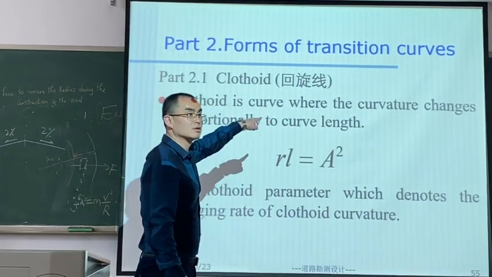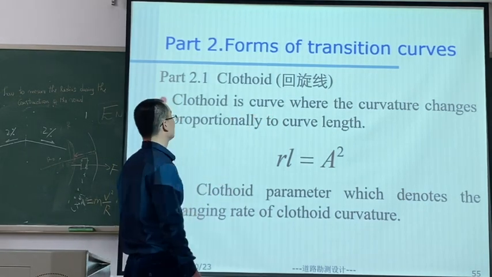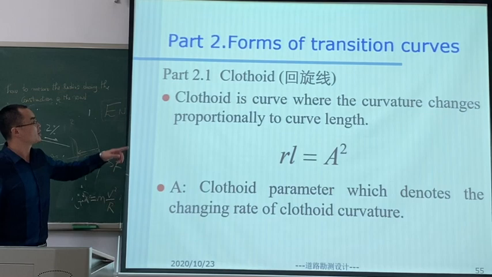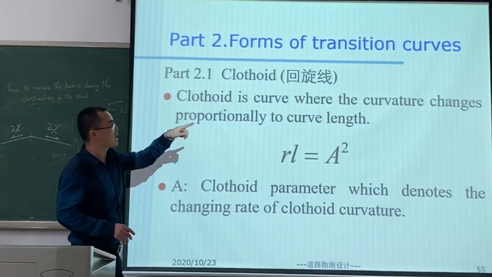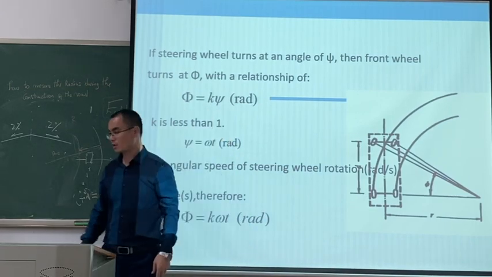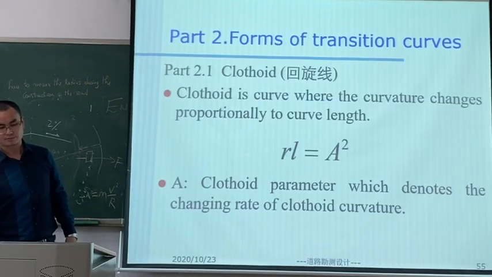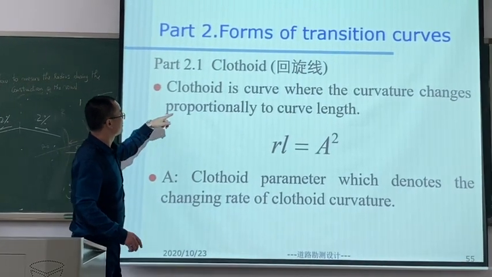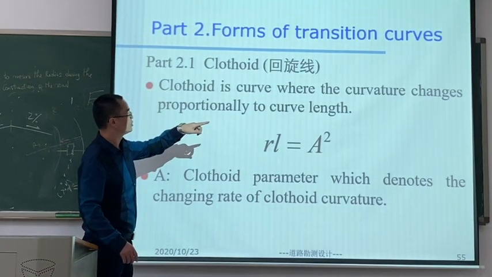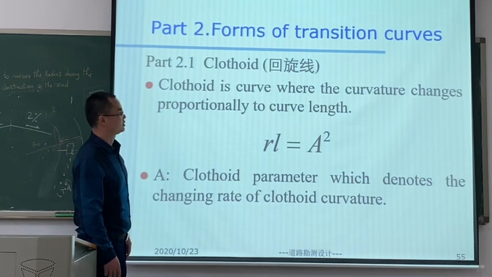Clothoid. Clothoid is a curve where the curvature changes proportionally to curve length.